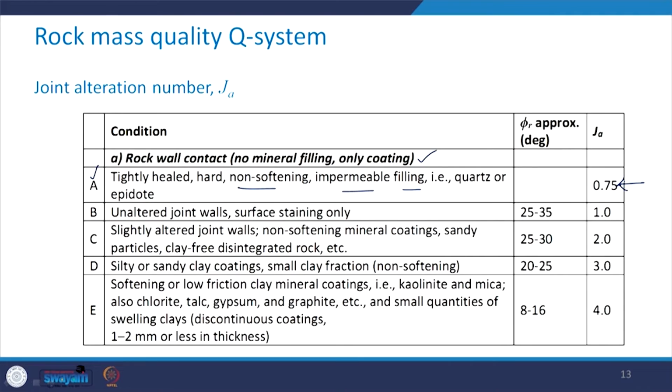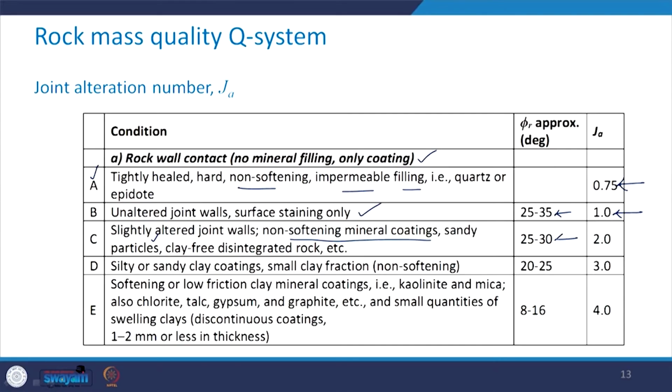For unaltered joint walls having surface staining only, the residual friction angle is of the order of 25 to 35 and the rating assigned to joint alteration number is 1. Then coming to class C, which has slightly altered joint walls, non-softening mineral coating, sandy particles and clay free disintegrated rock, etc., the range of this friction angle is from 25 to 30 degrees and the rating is 2.